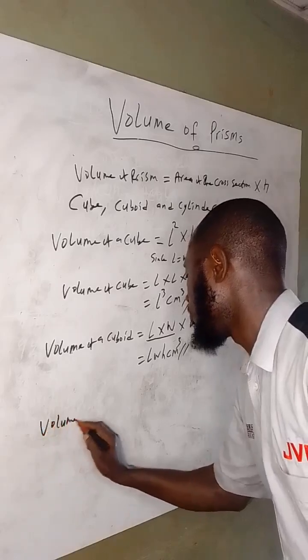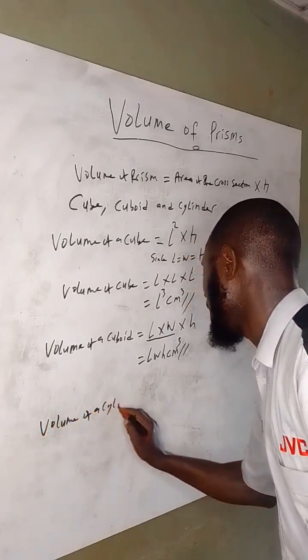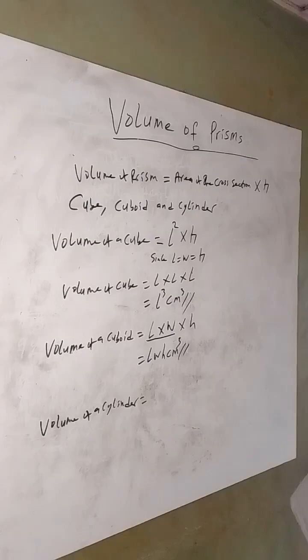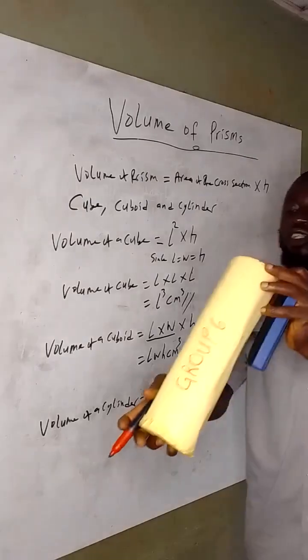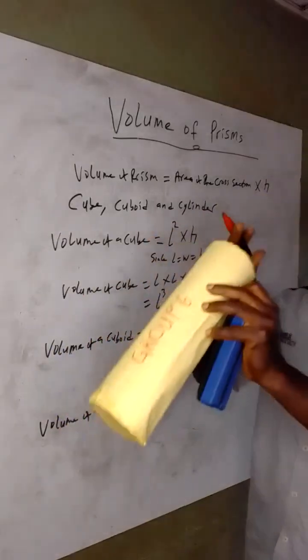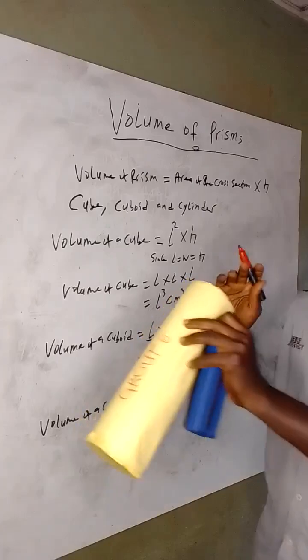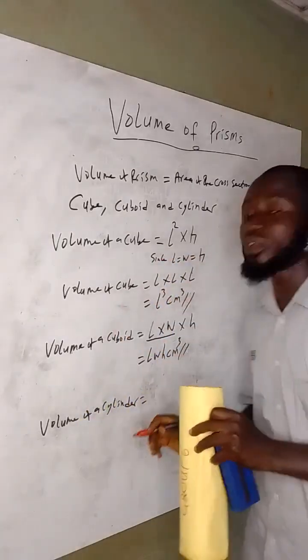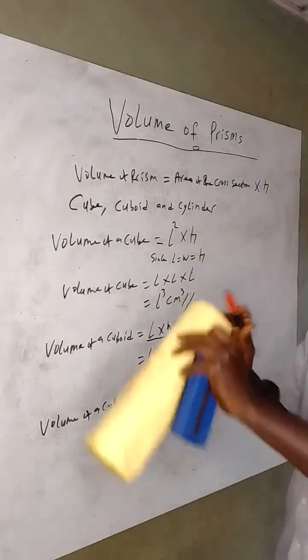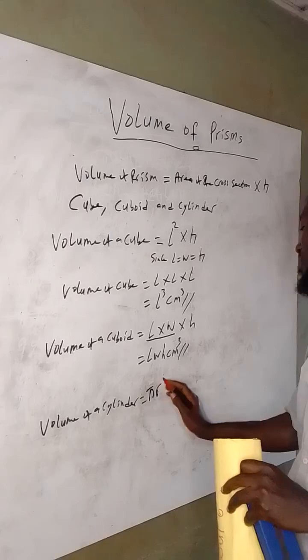Volume of a cylinder. This is a cylinder. I also have a cylinder here. If I look at the cylinder, you can see that the cross section is a circle. I've explained the reason why the cross section is a circle in our previous video. So that will give us the area of the circle, pi r squared.